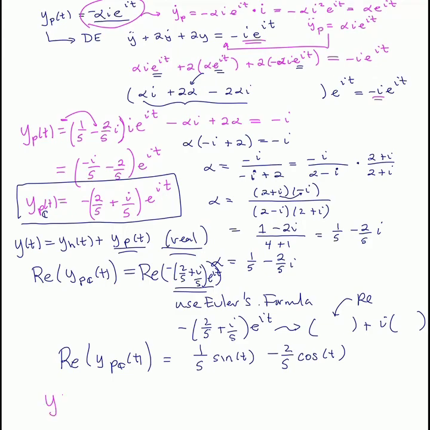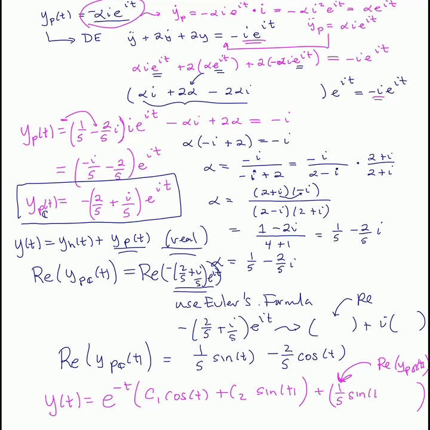which will lead you to your solution: y of t is e to the negative t, the homogeneous part, plus the real part of the particular solution that had been complexified. So if you take the real part, you'll get back to a real answer. 1/5 sine of t, and now we're back into the sines and cosines, which is what we would have had if we had gone the long way around.